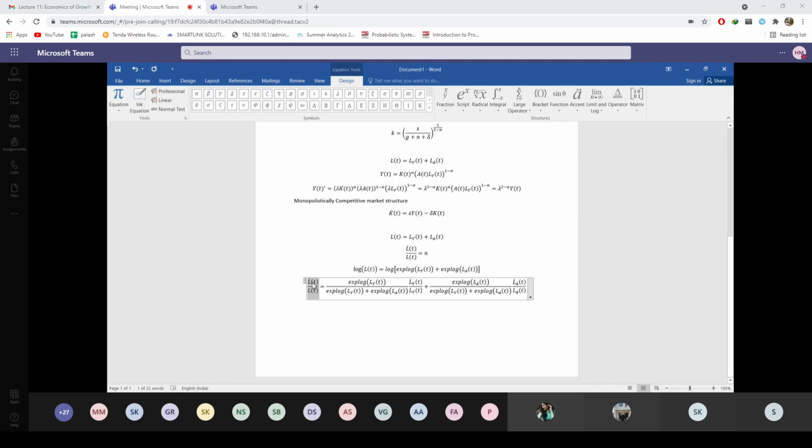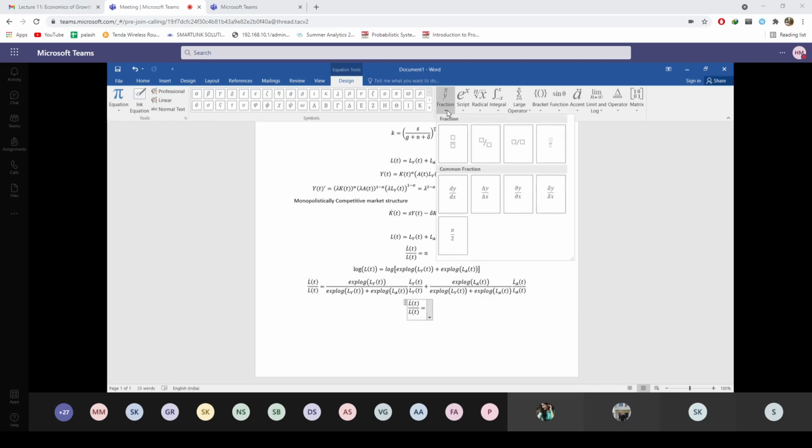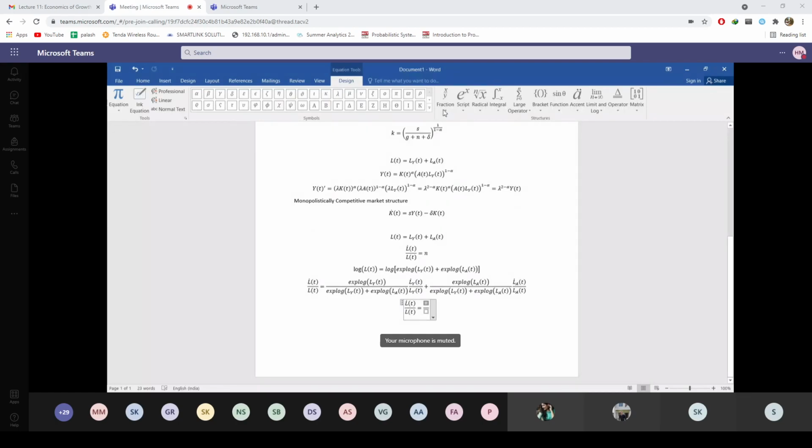The numerator will be the steady state value of the labor force devoted to produce output, Ly only, the steady state value Ly. And the denominator will be Ly plus La.